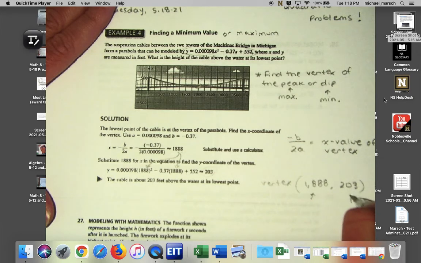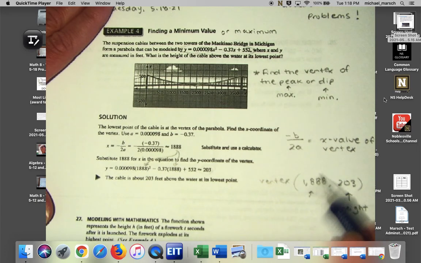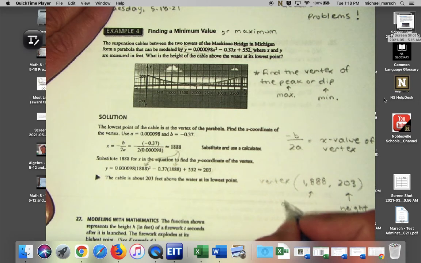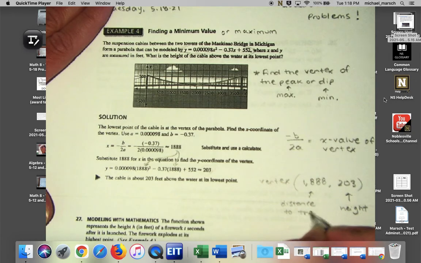What do the x and the y stand for when the vertex is labeled on the ground? Well, this is the height, and this is the distance to the middle.